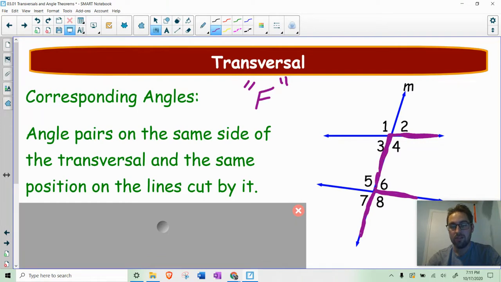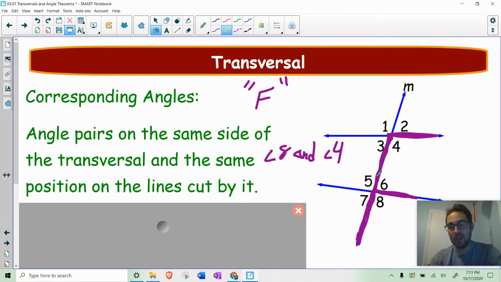The same position, but just slid up that transversal. So angle 8 and angle 4. Hey, wait a minute, what does that look like? That looks like an F. So angle 8 and angle 4 are corresponding angles.